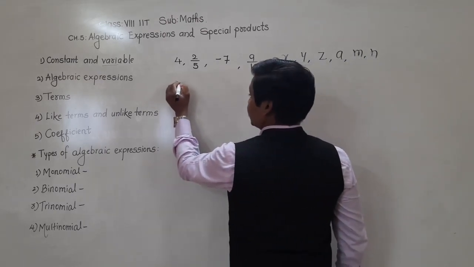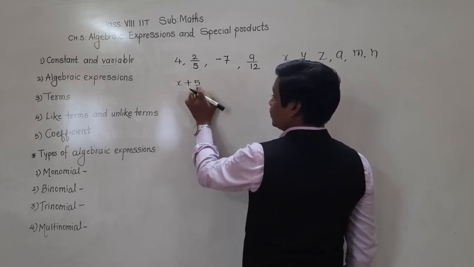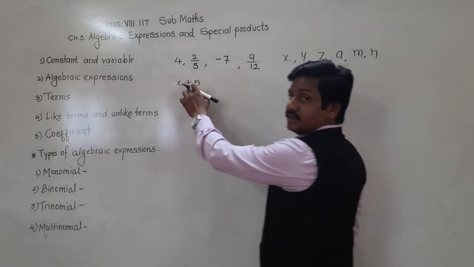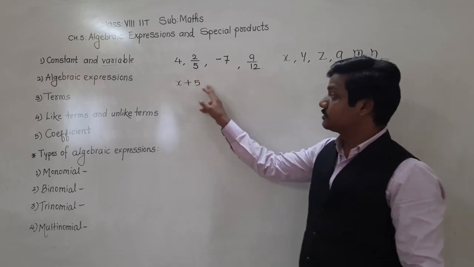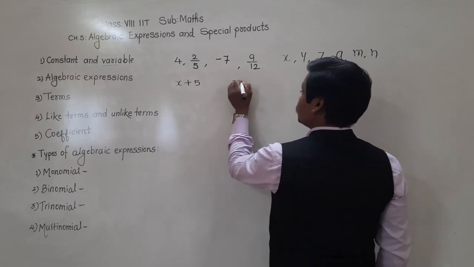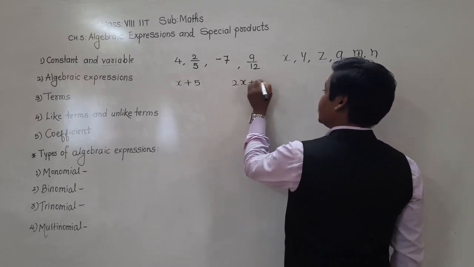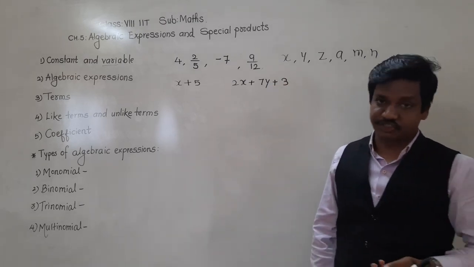So x plus 5 is variable and constant connected by the basic mathematical operator, that is, the plus sign. So x plus 5 is called an algebraic expression, or 2x plus 7y plus 3 is an algebraic expression.